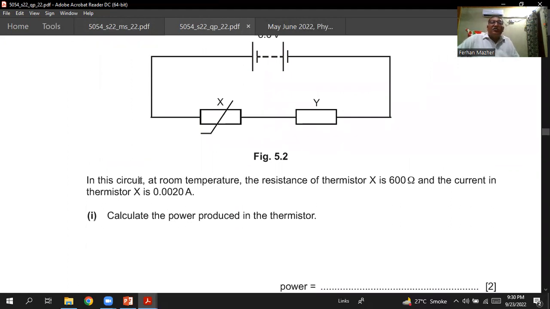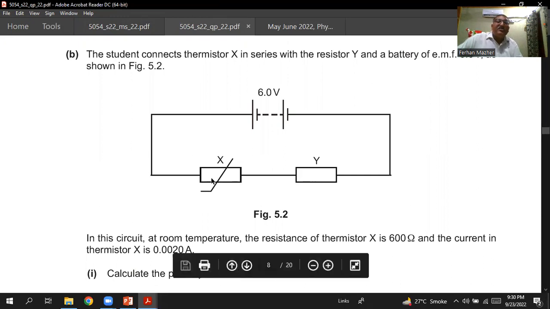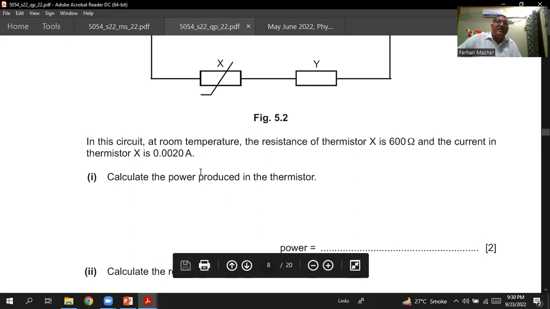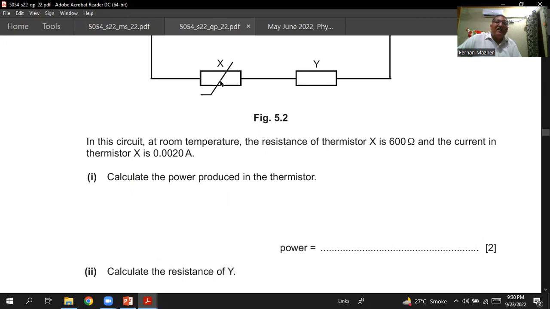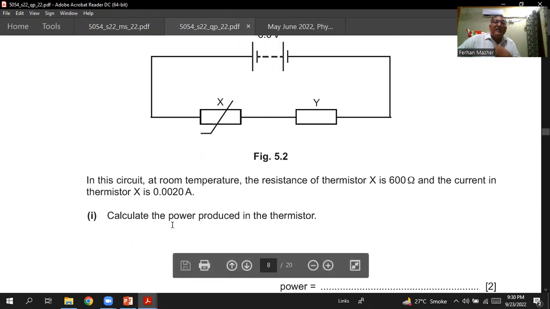In the circuit at room temperature, the resistance of the thermistor R1 is 600 ohm, and the current in the thermistor is 0.0020 ampere. I know the resistance, and I know the current flowing through it. Calculate the power produced in the thermistor.